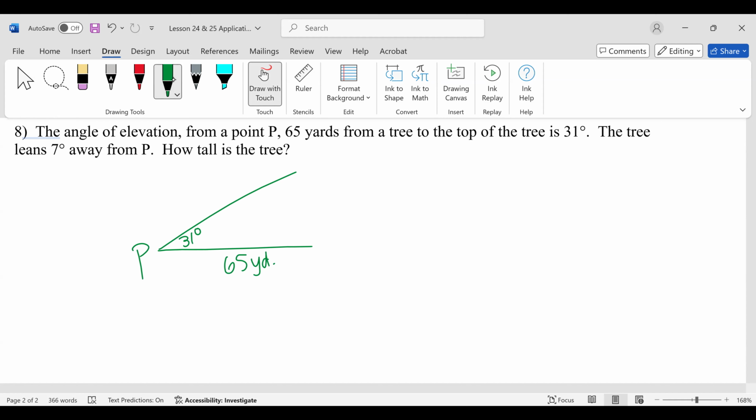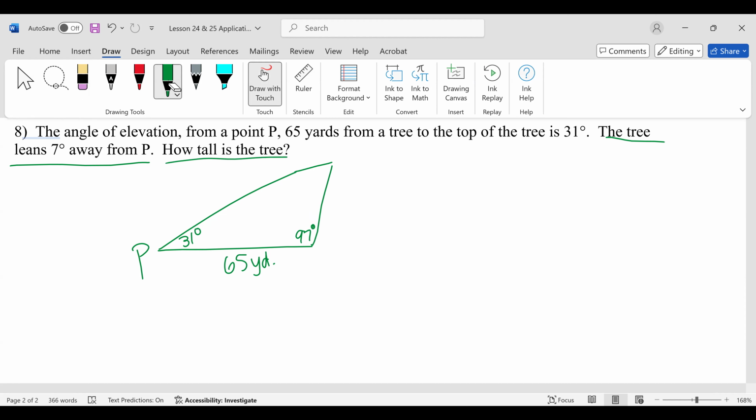And the tree leans 7 degrees away from P. So it's not standing straight up, it's at an angle. This would be a 90-degree angle if it was standing straight up, but the tree is slanted 7 degrees. So what's this whole angle? 97. So this is a 97-degree angle, not a 90-degree.